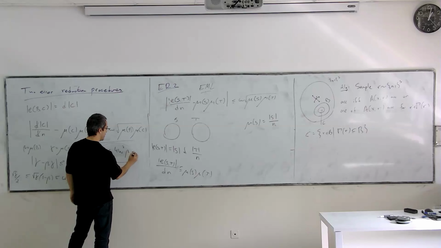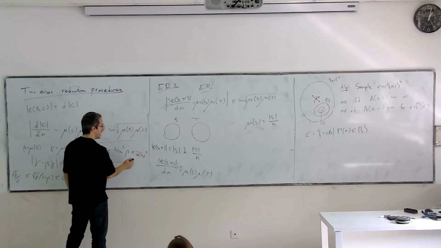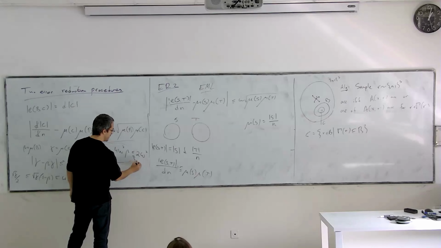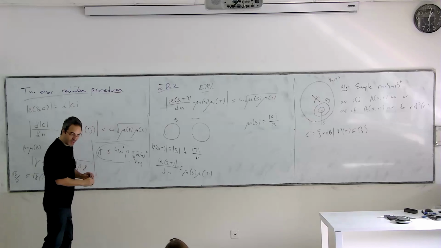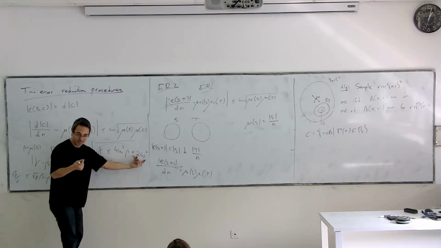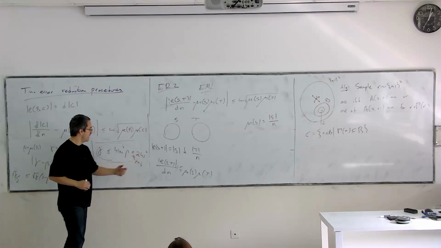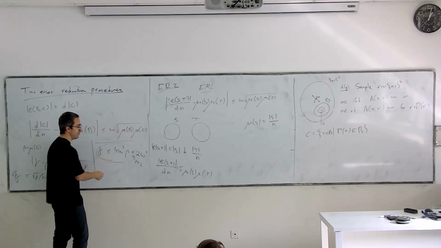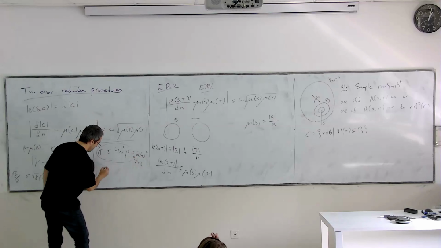So let's keep it simple. So then beta is at most 1/2. This is 2 omega squared. And that's the error. That's already referring to C, that's the error. Gamma, exactly gamma. So this is the error.